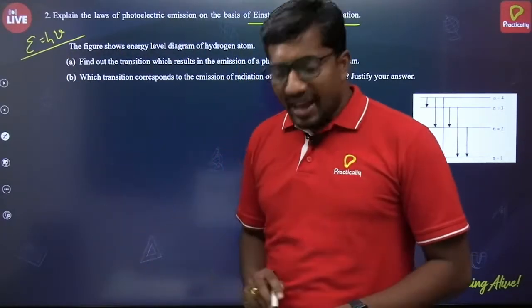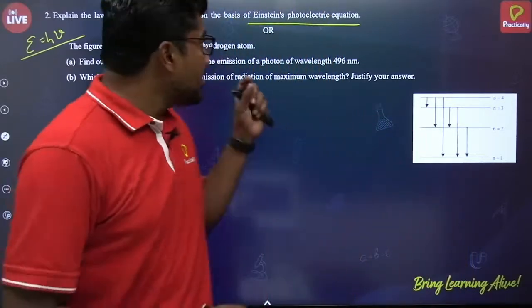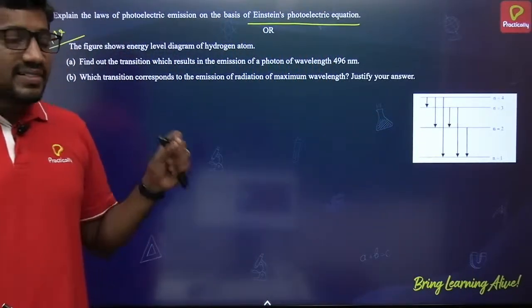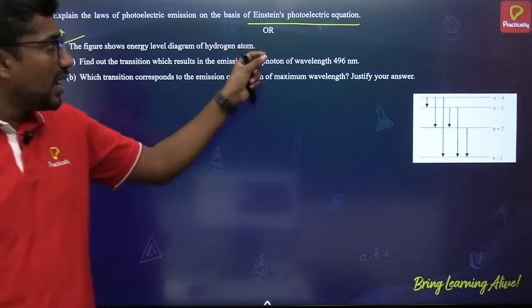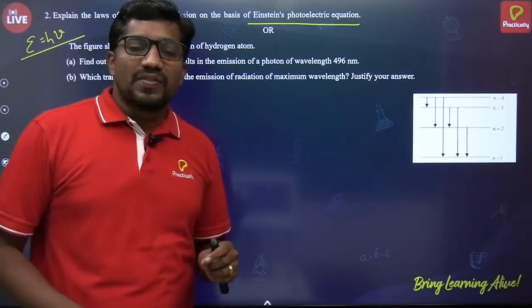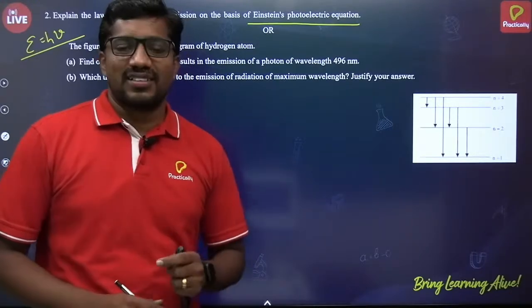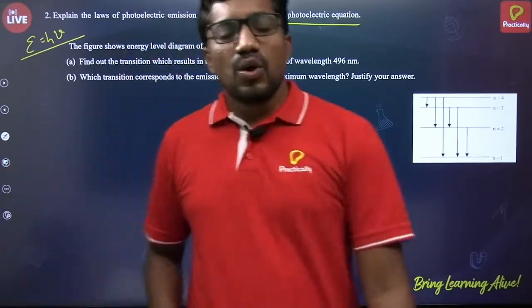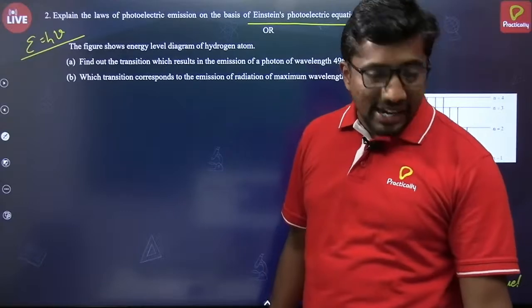Einstein explained this theory based on the interaction of two particles. What are the two particles? One is the photon of the incident radiation.